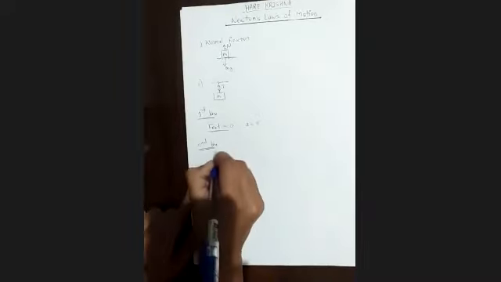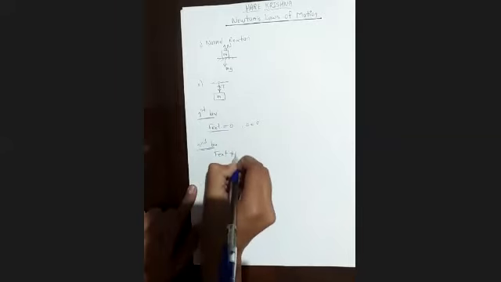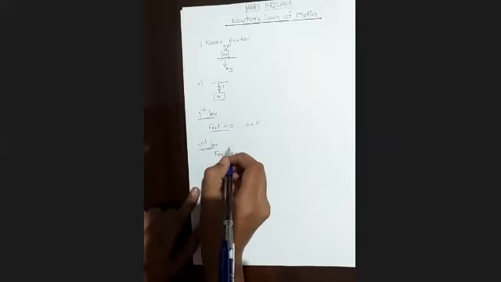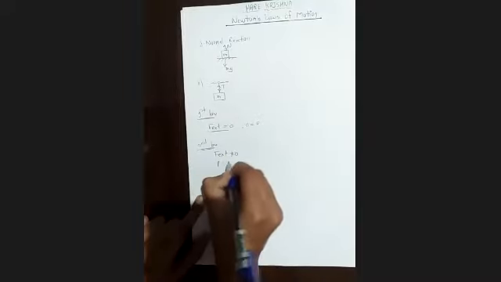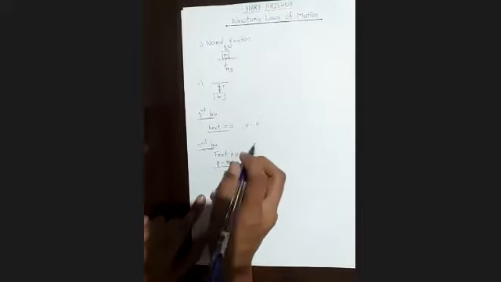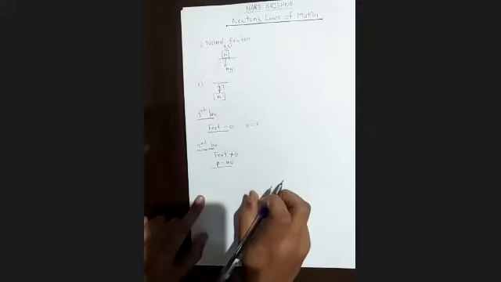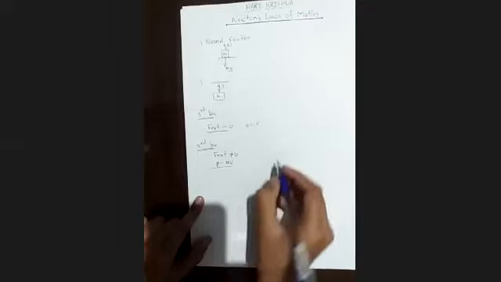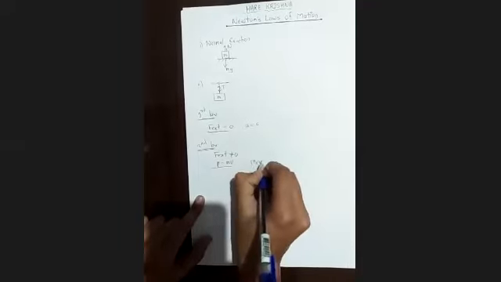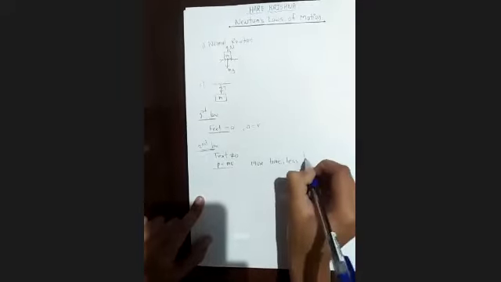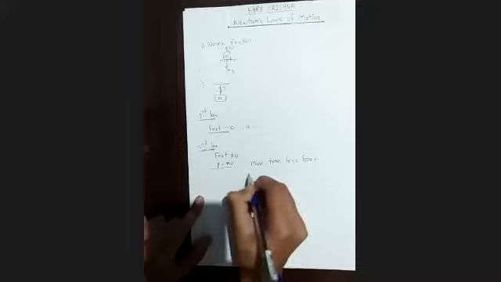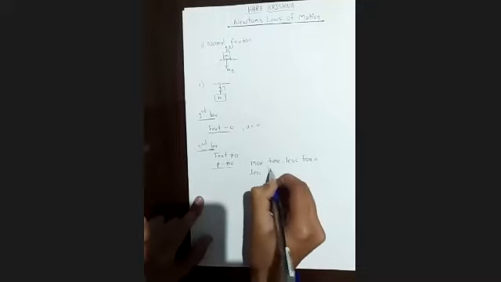In this law, F external is not equal to 0. In this law, a new concept comes, that is momentum. We know that momentum is P equals M into V. By the concept of momentum, we can conclude that more time, less force, and less time, more force.